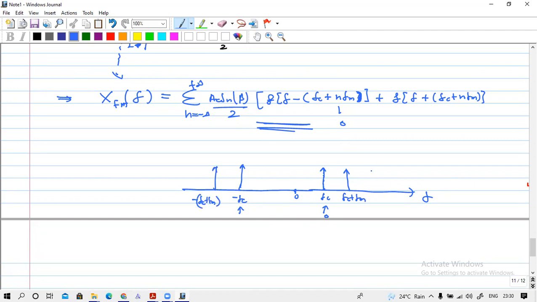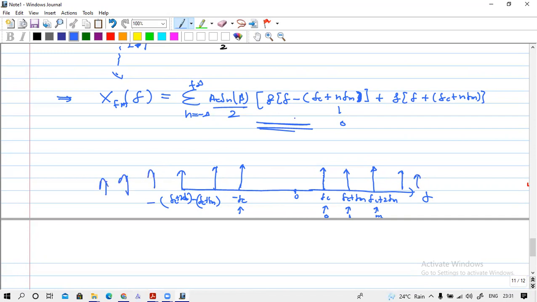And the n is equal to 2, this is n is equal to 1, n is equal to 2, we have fc plus 2 fm, okay. And here also we have minus fc plus 2 fm, likewise. So this will go to infinity, and here also this will go to infinity.